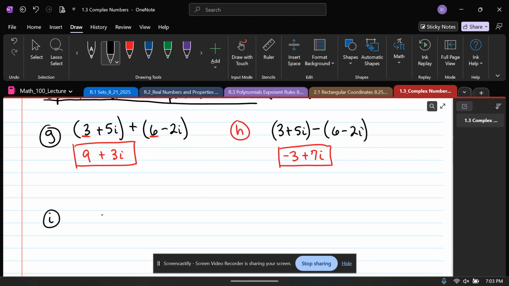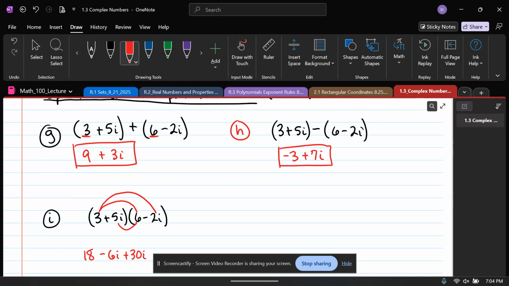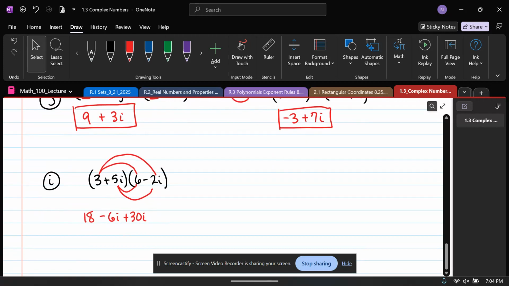Imaginary numbers. Let's do 3 plus 5i times 6 minus 2i. This looks a lot like what we did back at the beginning of the evening. It's just multiplying. So if I was going to do this by hand, I would go 3 times 6 is 18. 3 times negative 2i is negative 6i. 5i times 6 would be plus 30i. 5i times negative 2i is negative 10i squared.